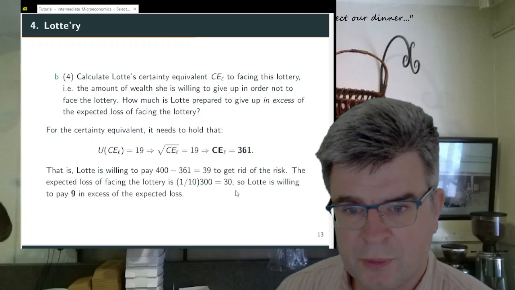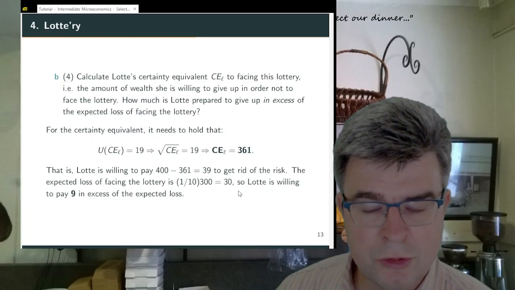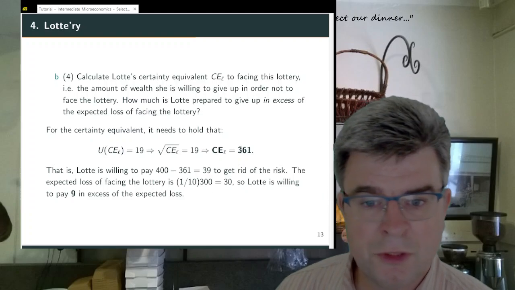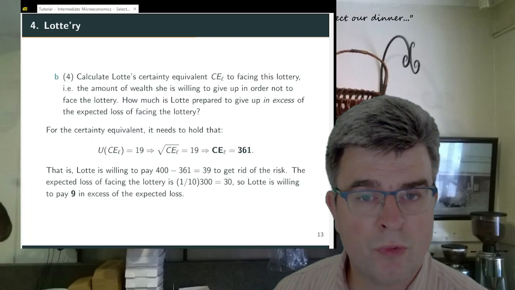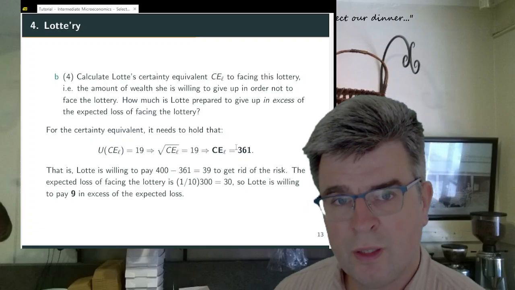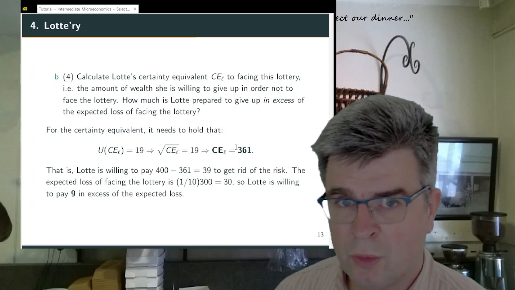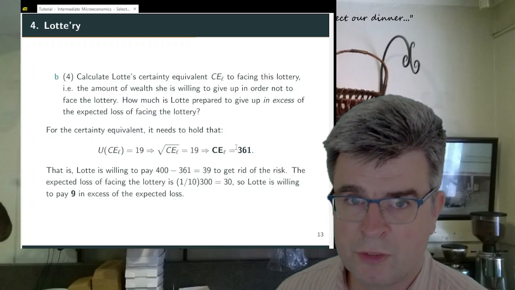The second question is, okay, how much is she prepared to give up in excess of the expected loss of facing the lottery? Now she's willing to give up 39 because she starts out with a wealth of 400. She's okay if instead of facing the lottery she ends up, for certain, with a wealth of 361.